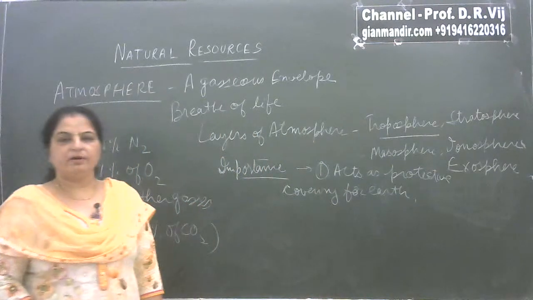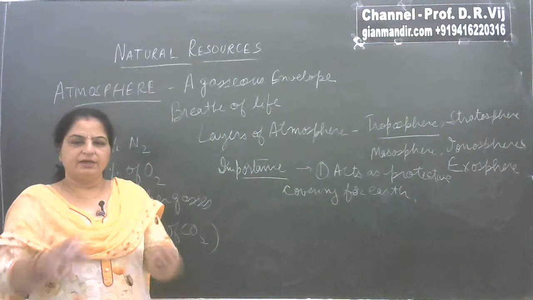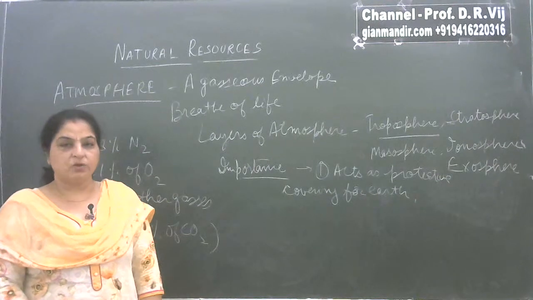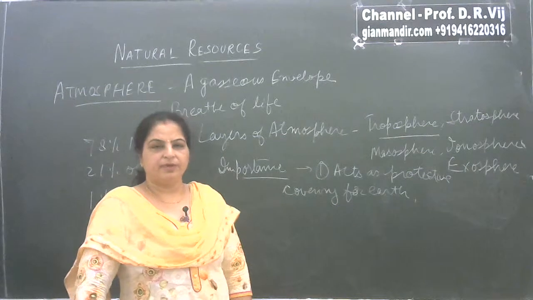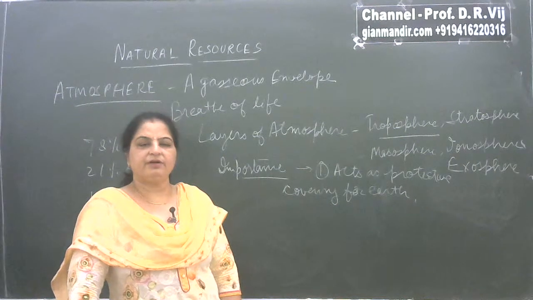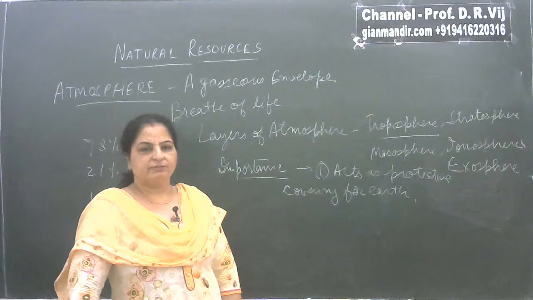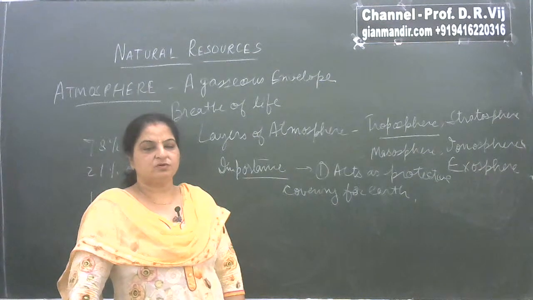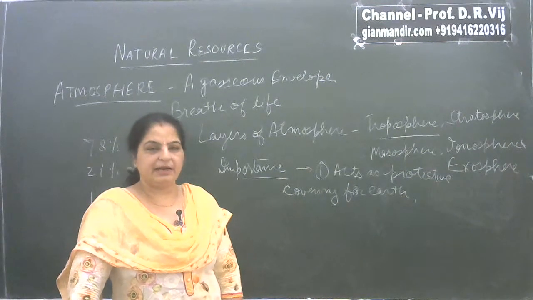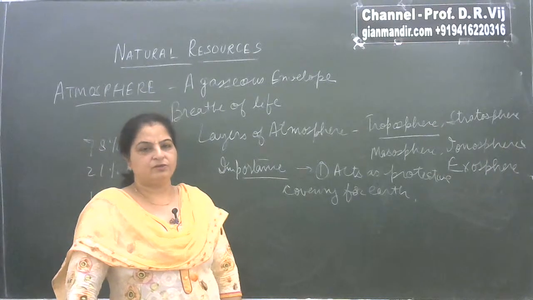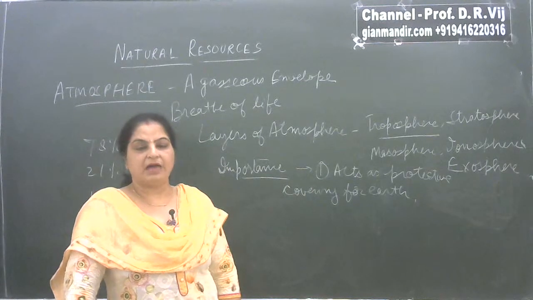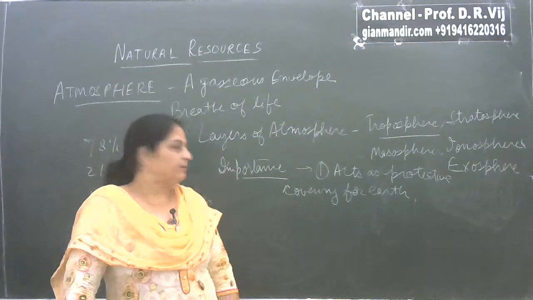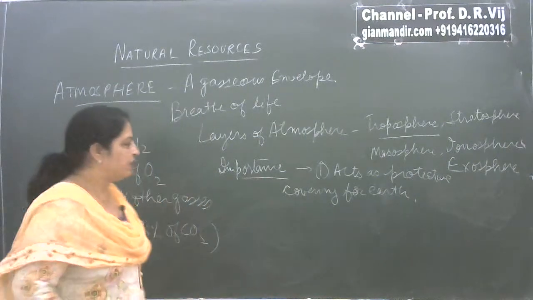You must have heard about stratosphere. In the stratosphere, there is a covering called the ozone layer, and this ozone layer protects the Earth from getting exposed to the harmful ultraviolet radiations emitted by the sun. The details of this ozone layer we will be discussing later on. But right now you must know that the stratosphere contains the ozone layer, and this ozone layer protects the Earth from the harmful ultraviolet radiation of the sun. In this way it acts as a protective covering.